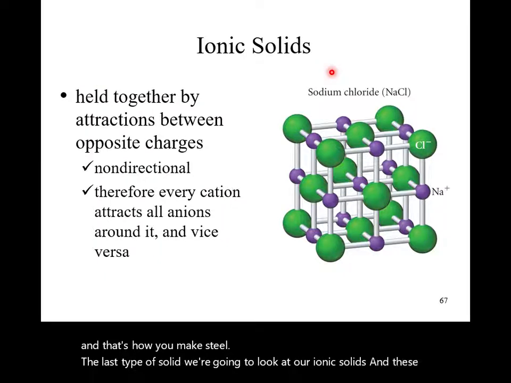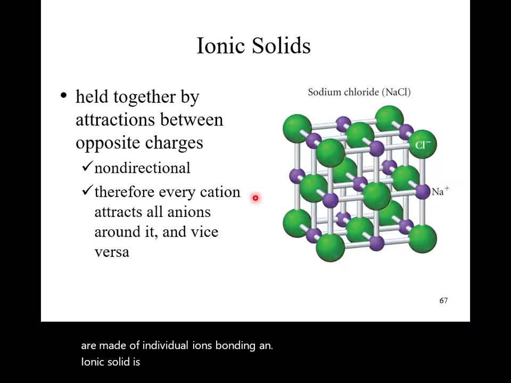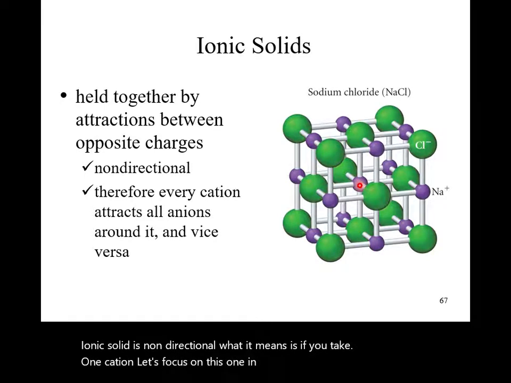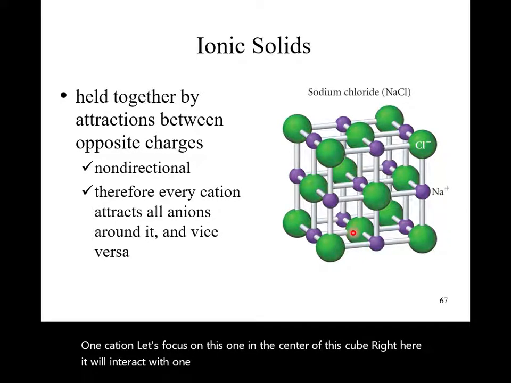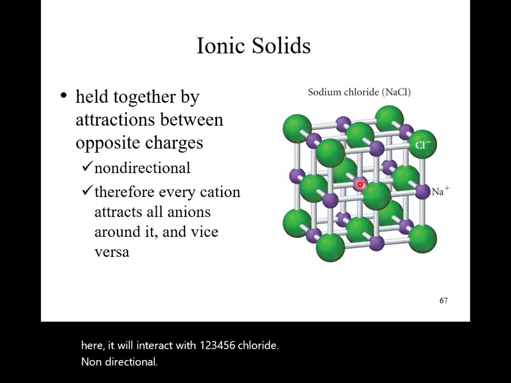made of individual ions. Bonding in ionic solids is non-directional. What it means is, if you take one cation, let's focus on this one in the center of this cube right here, it will interact with 1, 2, 3, 4, 5, 6 chloride. Non-directional. One cation interacts with 6 chloride anions.